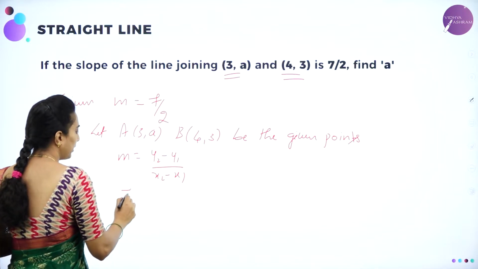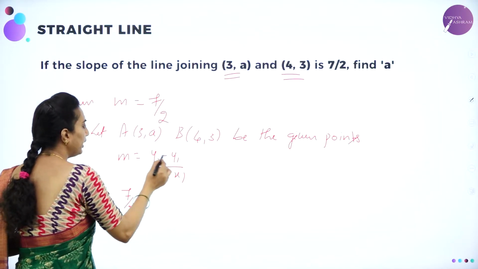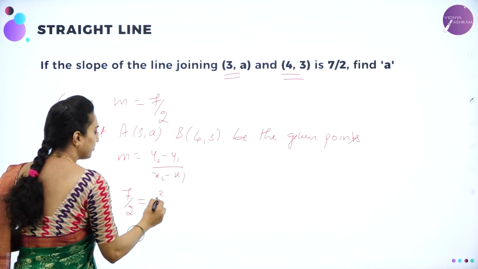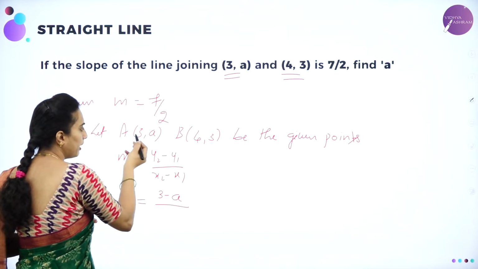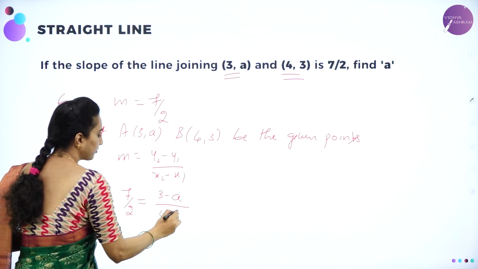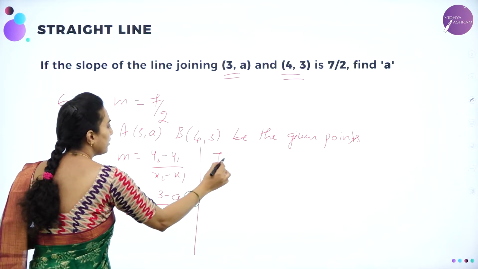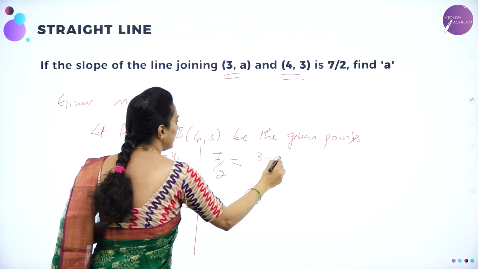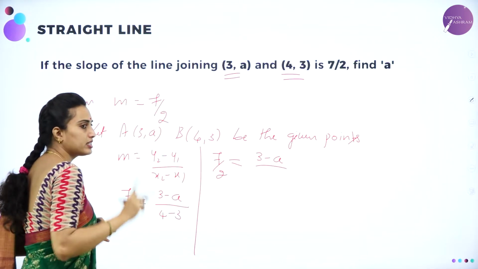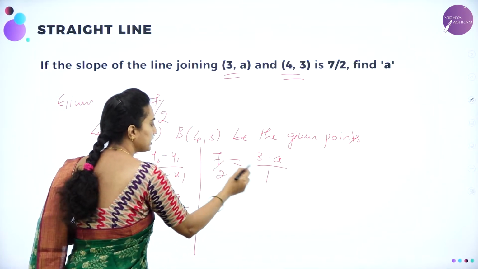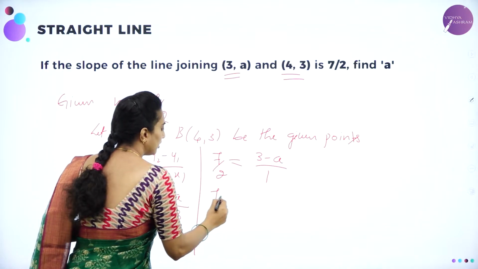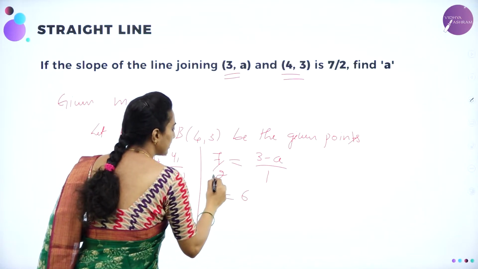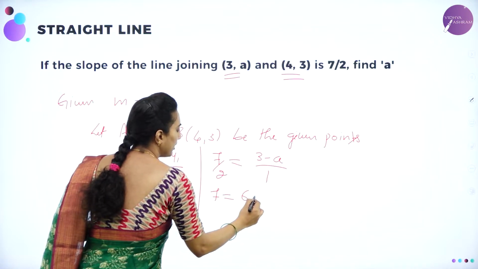We know that 7 by 2 is equal to y2 minus y1, 3 minus a, divided by x2 minus x1, 4 minus 3, which implies 7 by 2 is equal to 3 minus a as it is, divided by 4 minus 3, which is nothing but 1. Cross multiply: 7 ones are 7 is equal to 2 3s are 6, minus 2 into a is 2a.